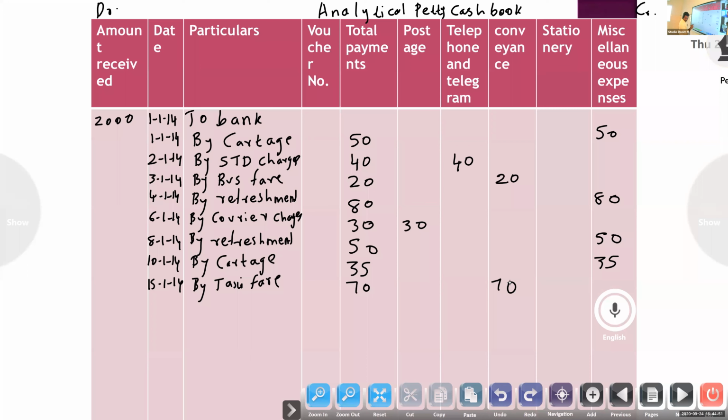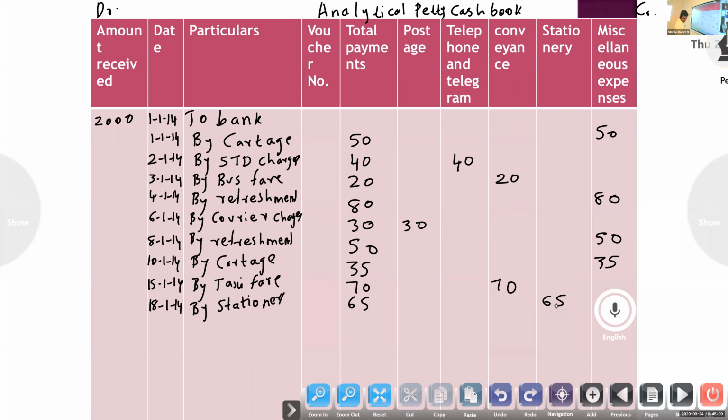Next, 18, by stationery 65, and that same column, stationery column.